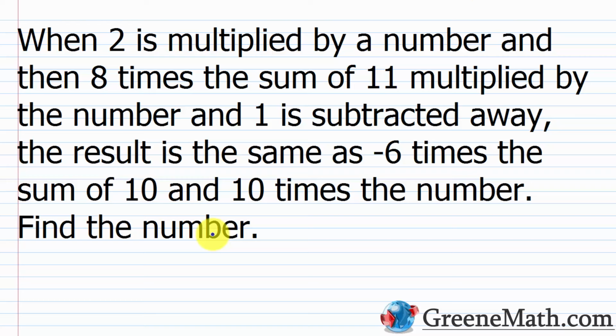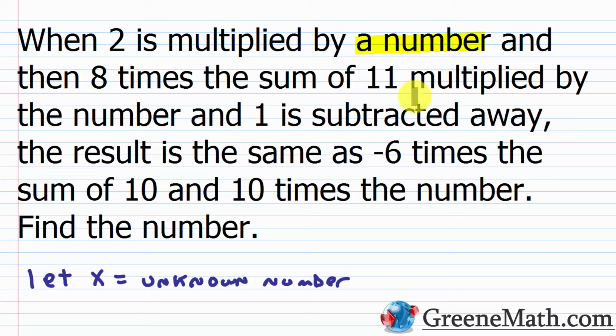So let's go through. And again, I'm just going to let x be equal to my unknown number here. So I'm going to highlight everywhere I see a number and just put x there. So everywhere I see a number or the number. So let's read back through.